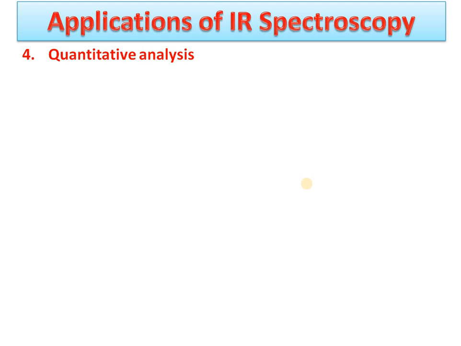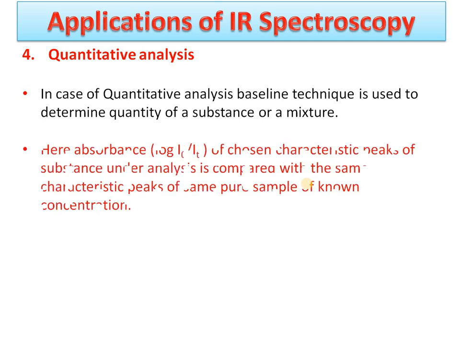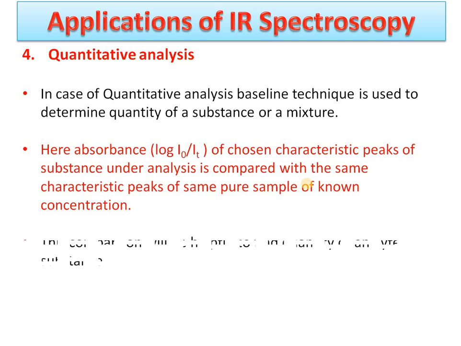The fourth application is quantitative analysis. In case of quantitative analysis, the baseline technique is used to determine the quantity of a substance or a mixture. Here the absorbance, that is log of I0 upon IT, of chosen characteristic peaks of the substance under analysis is compared with the same characteristic peak of the pure sample of known concentration.